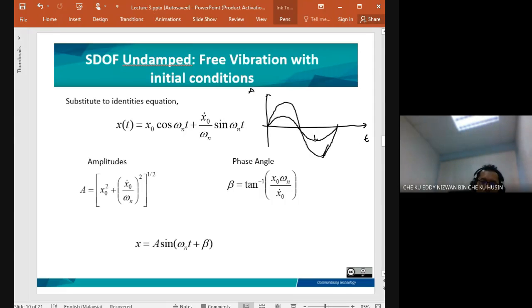This one is low, this one is high, x naught. The initial condition doesn't change the frequency, it only changes the amplitude of the vibration. You give a higher initial displacement, you get a higher amplitude, but the time taken to complete one oscillation remains the same. The frequency depends on the stiffness and mass, not on the initial condition. That's what you have to understand about the motion of a single degree of freedom system.